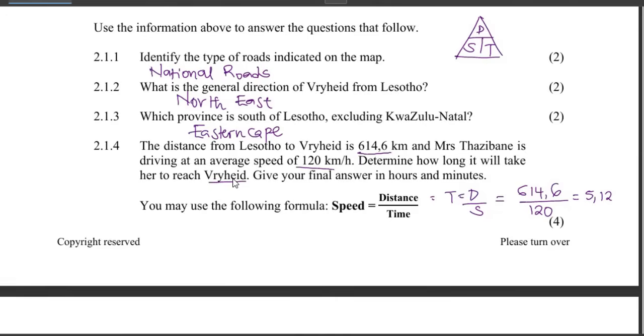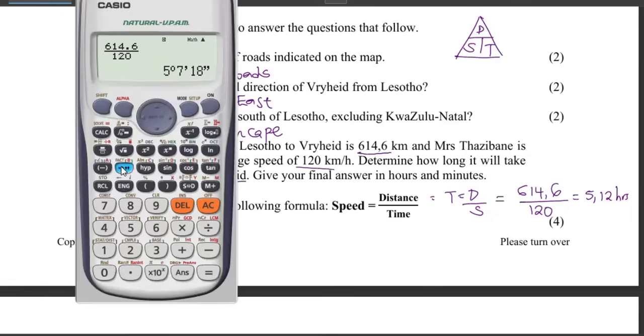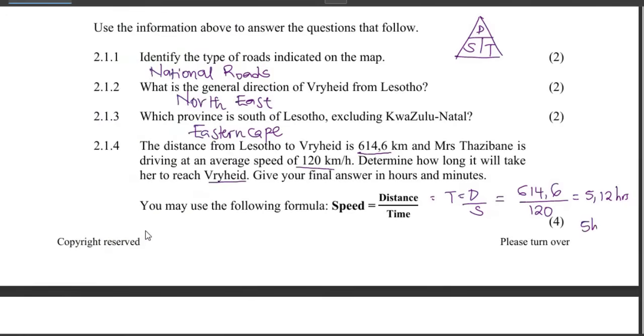Mind you, these are hours. So how do you change them to hours and minutes? On your calculator, just press this key here, and it will give you 5 hours, 7 minutes. Those who want to go further can say these are 5 full hours.